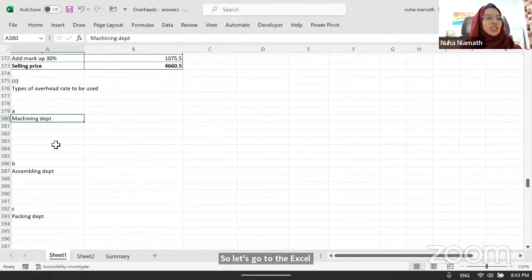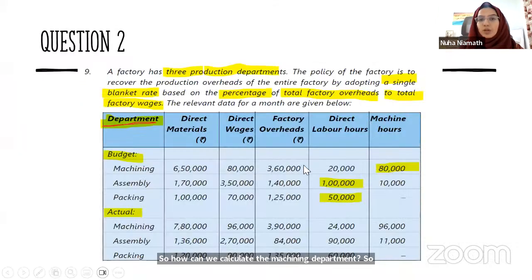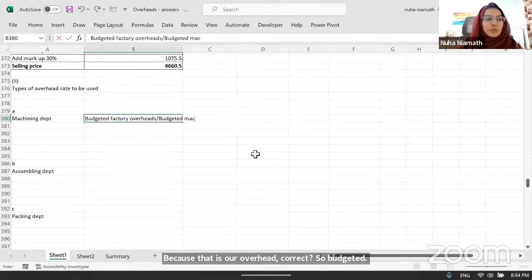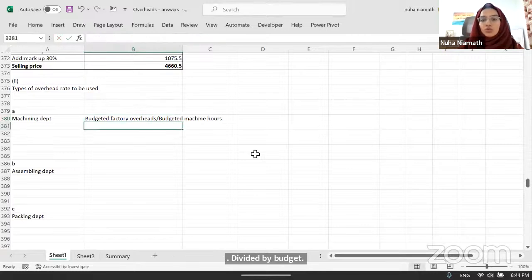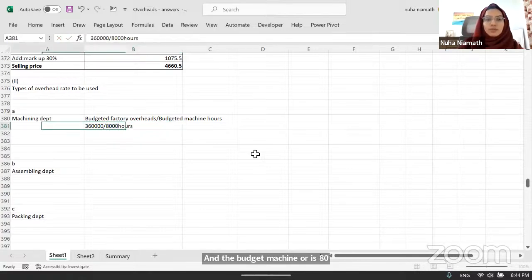So the first is our machining department. How can we calculate it? For the machining department, we use the budgeted factory overheads divided by the budgeted machine hours. If you go back to the question, the budgeted factory overheads is 3,60,000 and the budgeted machine hours is 80,000 hours.